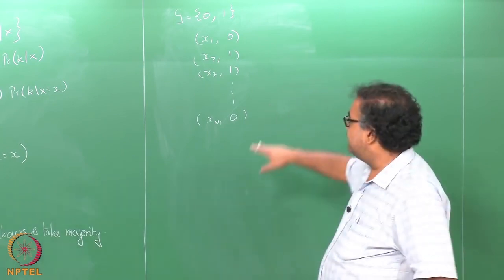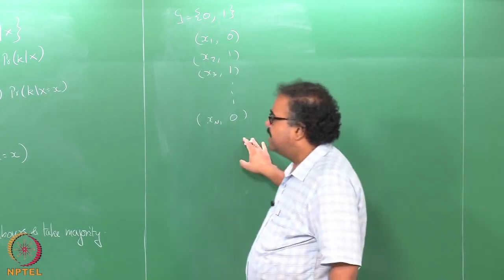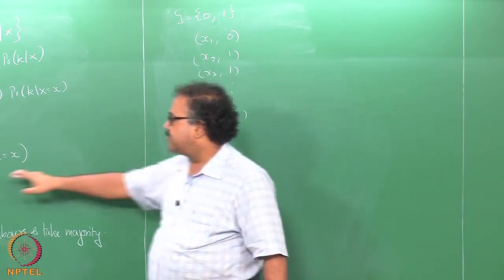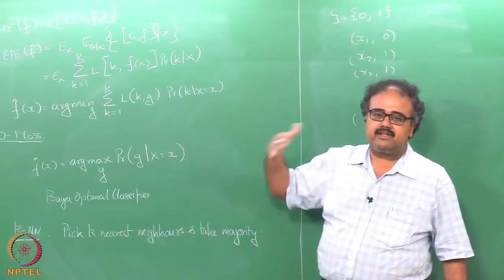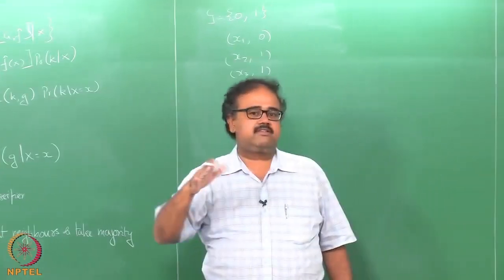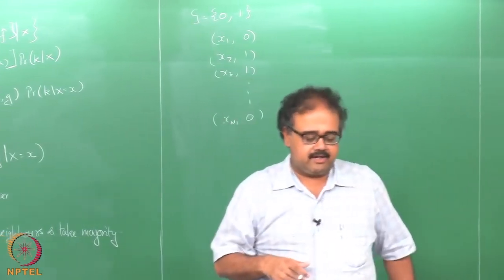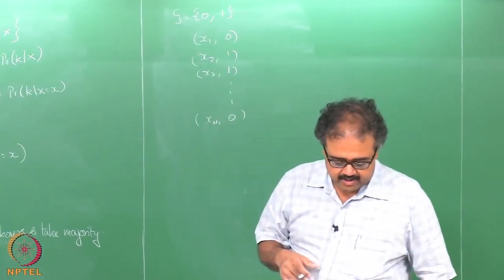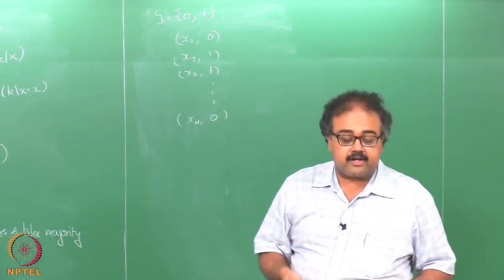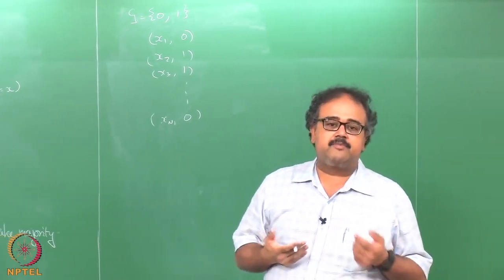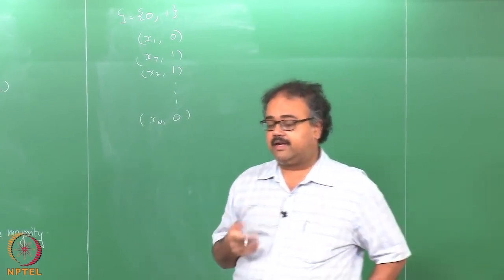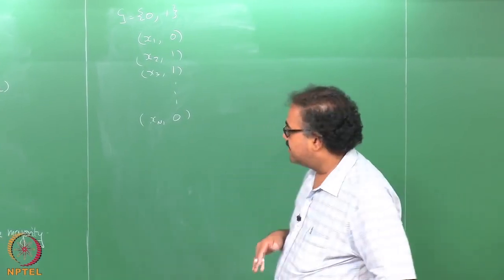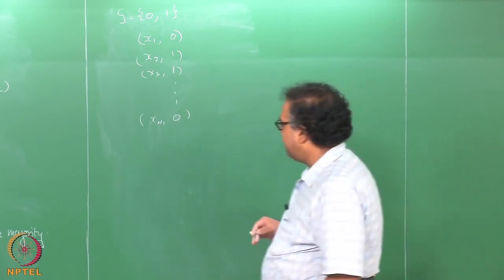So, if I do regression with this as my training data, what I will be learning is roughly the probability that g equal to 1 given x. There are a lot of caveats in this, which we will look at when we do regression later. Obviously, you cannot treat this directly as probabilities, because the regression curve can become negative, right. So, you can't really treat it as probabilities, but it is a useful intuition to have.